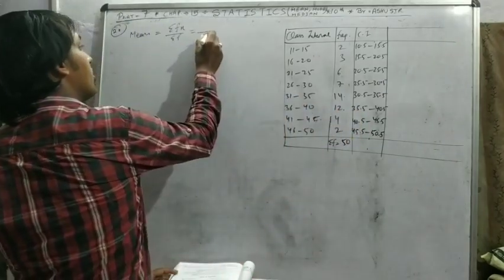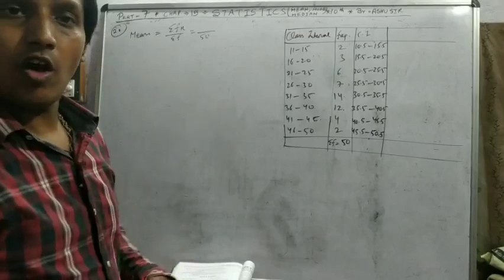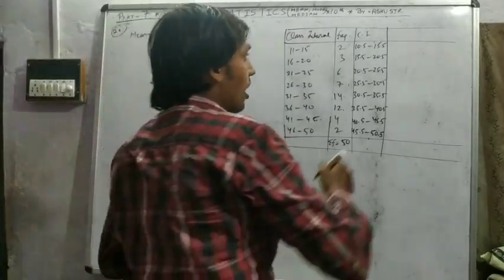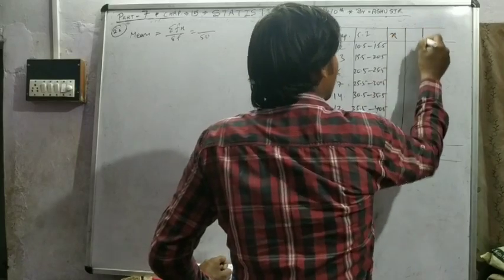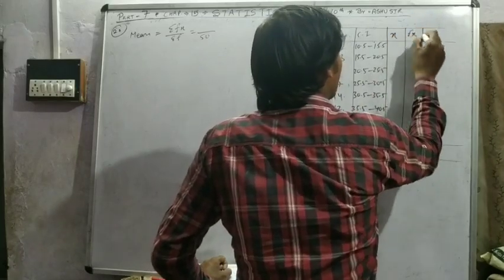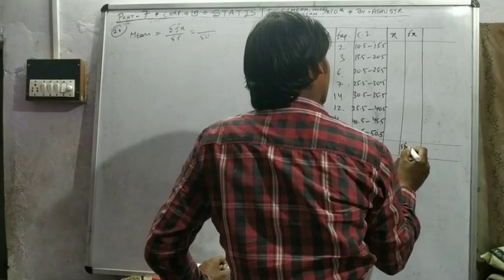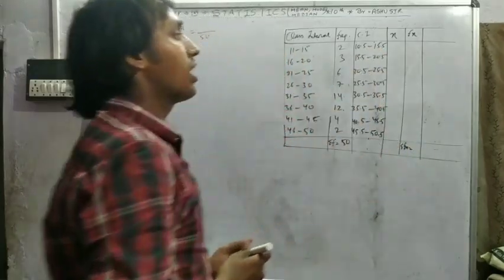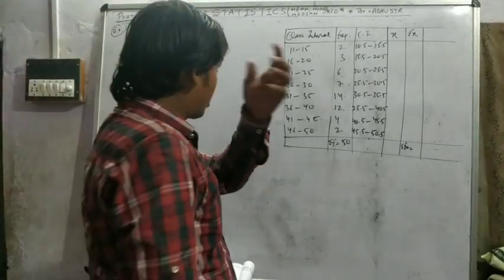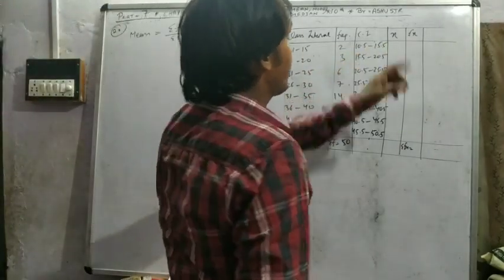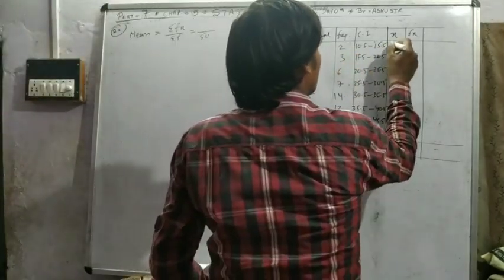That is 50. Then find the value of x. So firstly find x, then find fx. 10.5 plus 15.5 is 26, upon 2, 13.